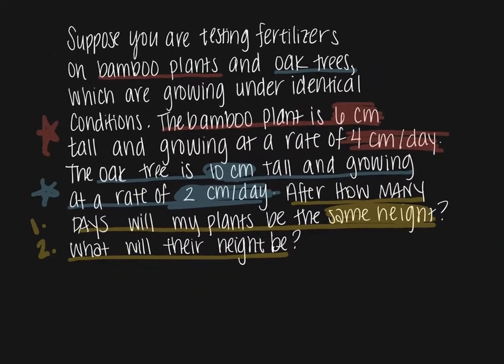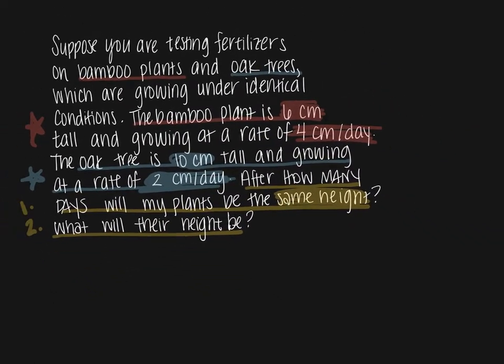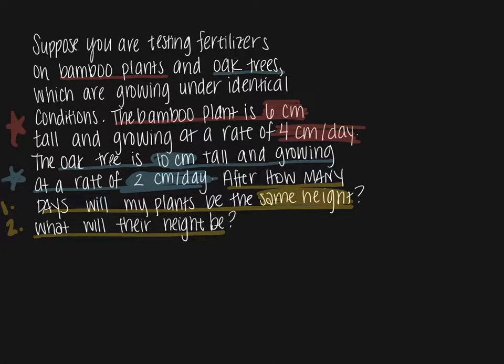My bamboo plant is 6 centimeters tall. How could I write an equation about my bamboo plant? Well, I need to end up relating their total height and the rate that they're growing and their initial height.